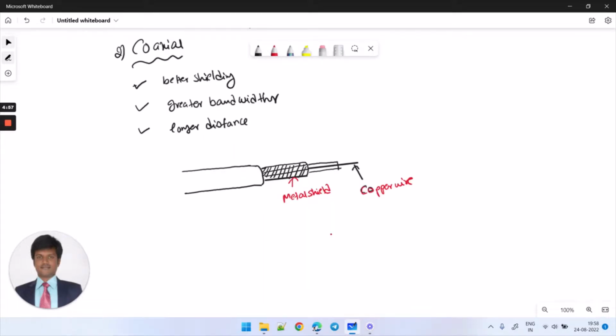The coaxial cable has better shielding and also supports greater bandwidth compared to twisted pairs. The bandwidth supported by coaxial cable is up to a few gigahertz.